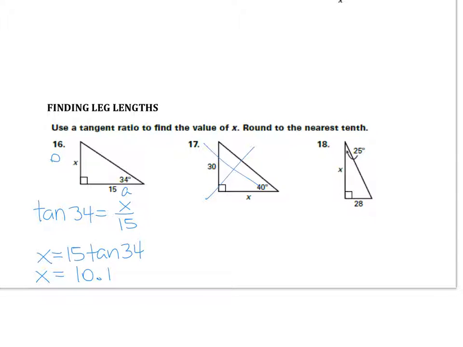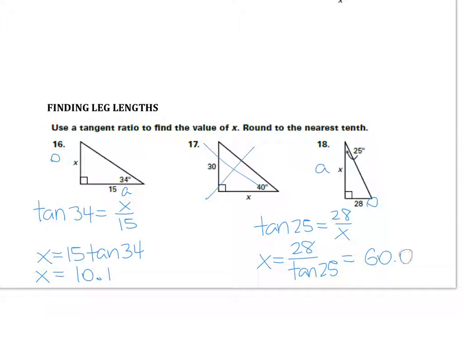Okay, we're going to skip this one and go to the last one. Tangent of the angle equals the opposite over adjacent. It's in the denominator. So we divide and go to 1 decimal place.